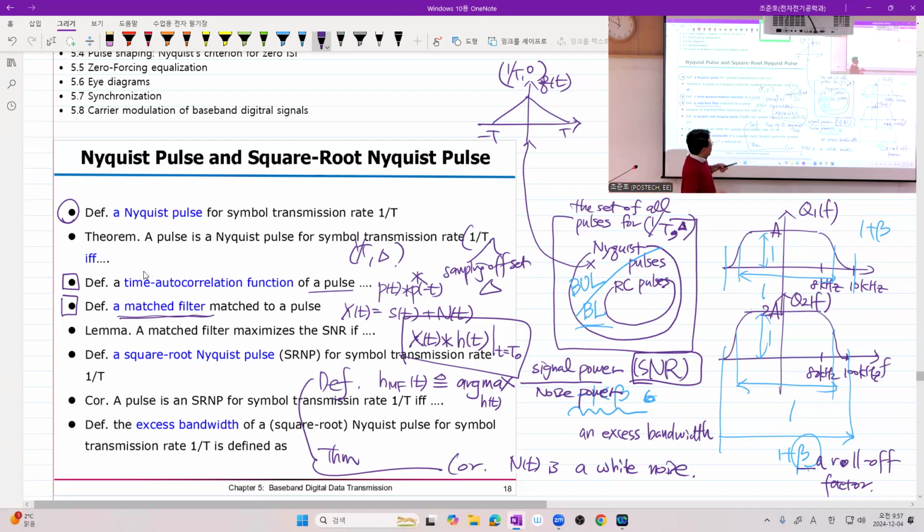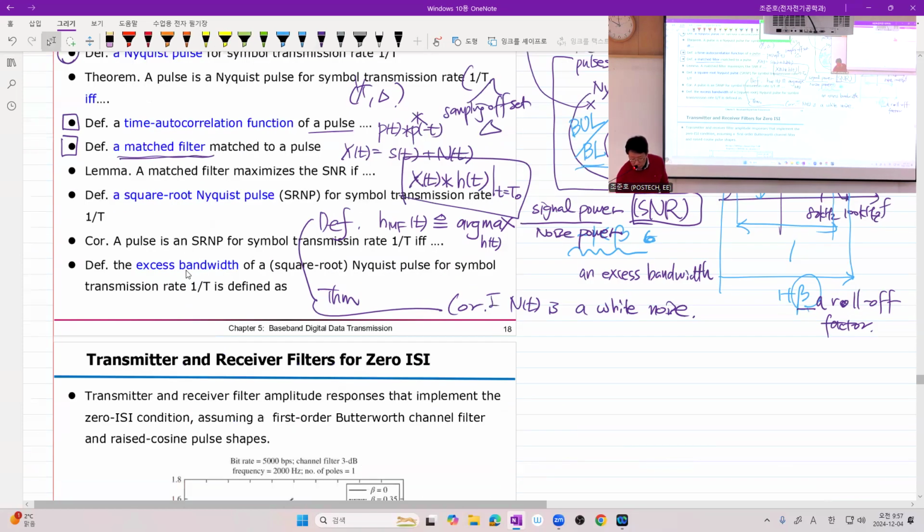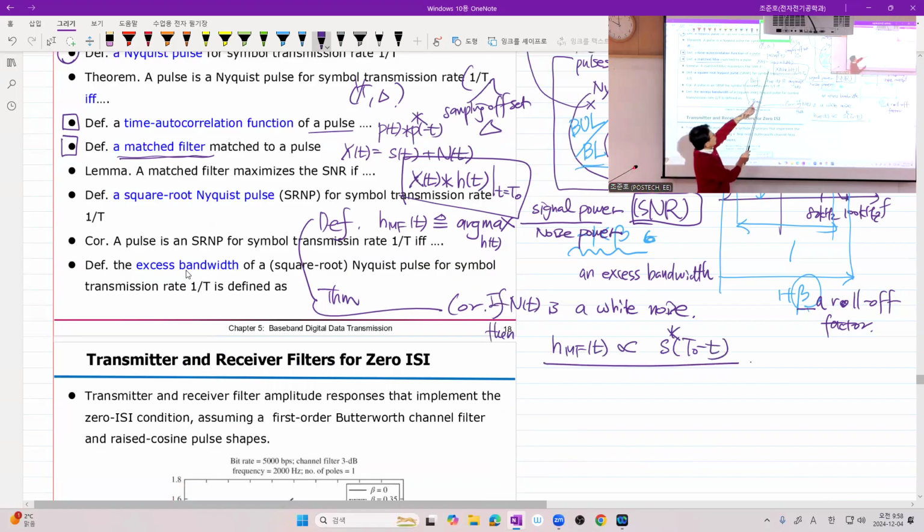So anyway, if N of T is a white noise, a very interesting thing is that this H of T is just the time reversed complex conjugate of this desired signal.